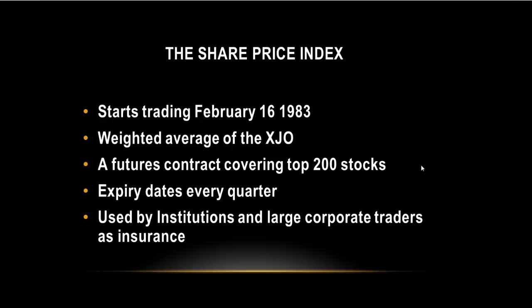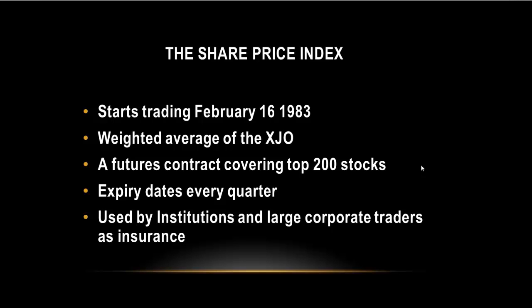Now the share price index is a futures contract, and it started trading in Australia on February 16, 1983. There are very similar markets around the world. You've got the DAX, the Dow, the FTSE, the CAC, all of those different markets that you can trade, and the major traders, the institutions and the large corporate traders, are using these futures contracts to cover any loss that they expect will hit their portfolio.